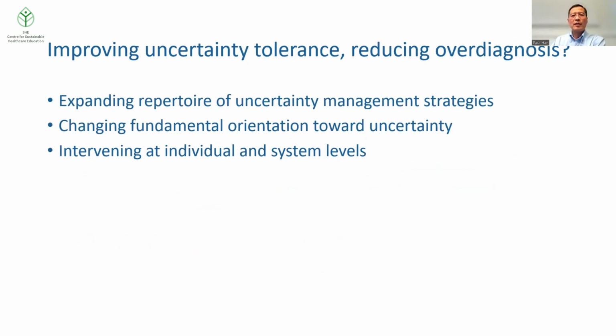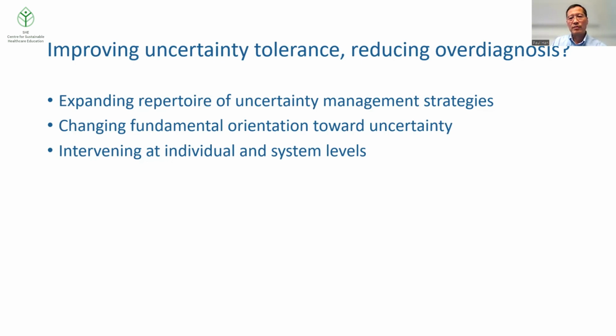So I just want to end by putting a question out there: I think that there is a connection between uncertainty intolerance, tolerance, and overdiagnosis, and that if we could improve uncertainty tolerance, we might reduce overdiagnosis. I think that is a promising idea.